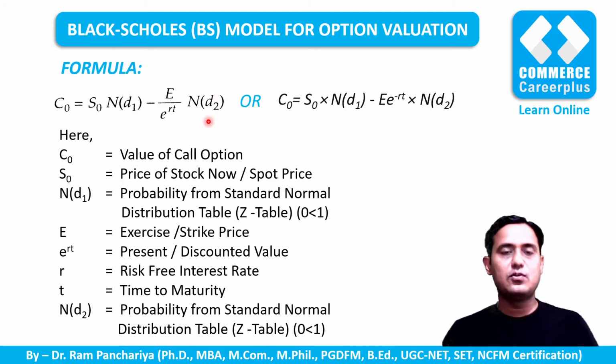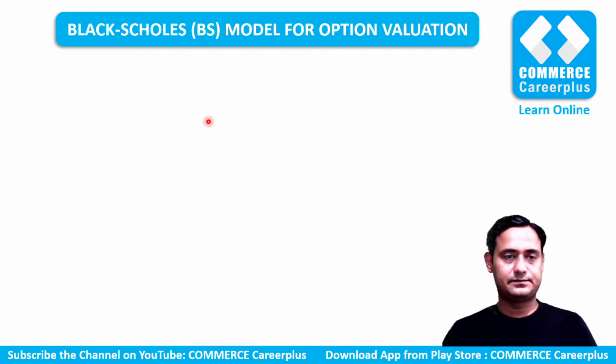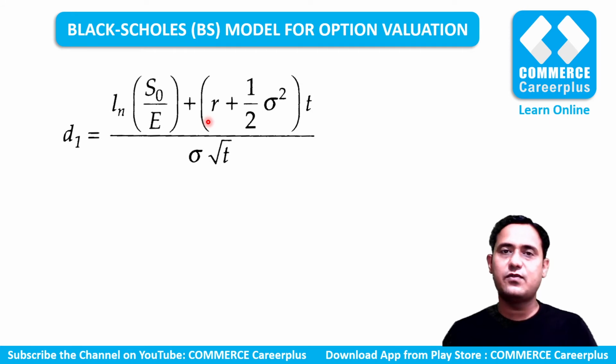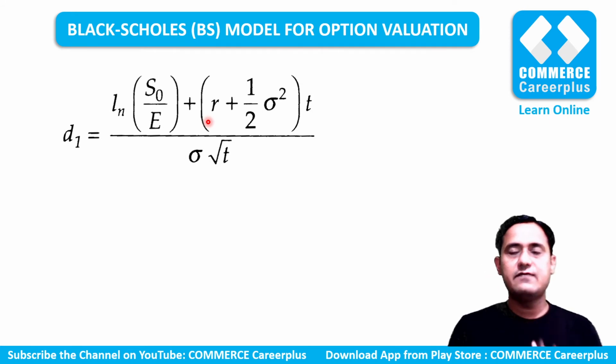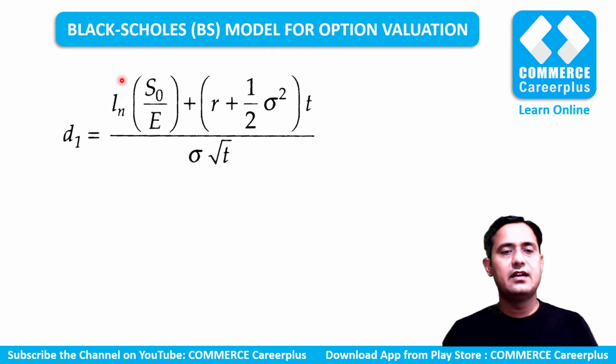The next formula is the formula of D1. D1 equals ln of S0 divided by E, plus R plus 1 by 2 multiplied by standard deviation square, which means variance.